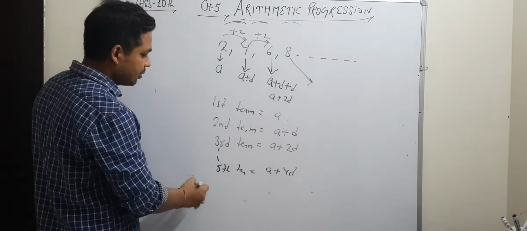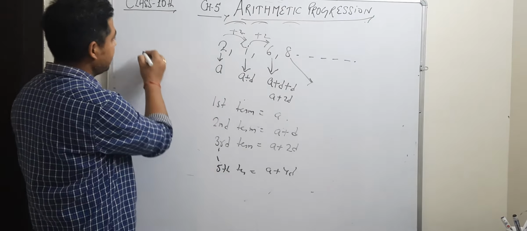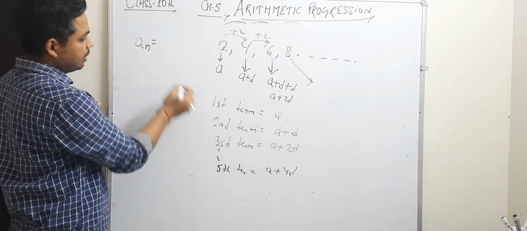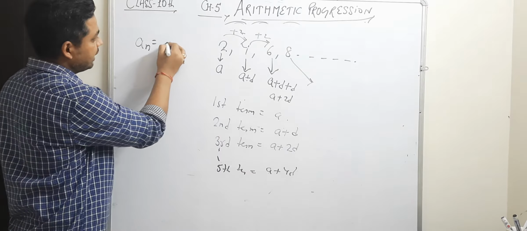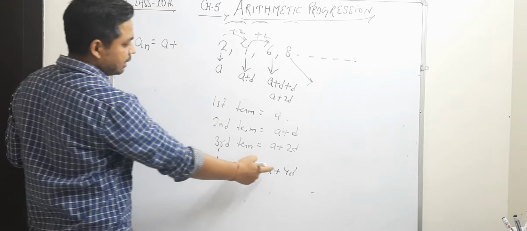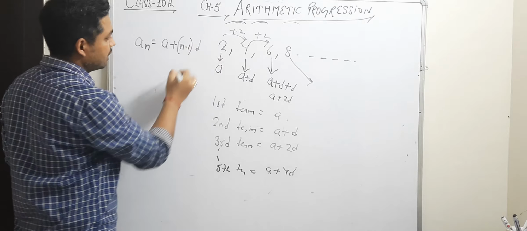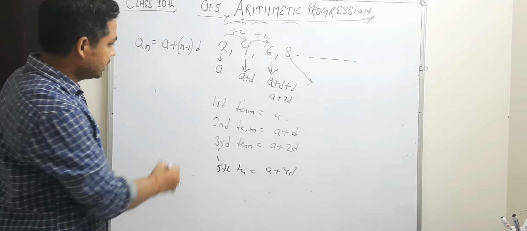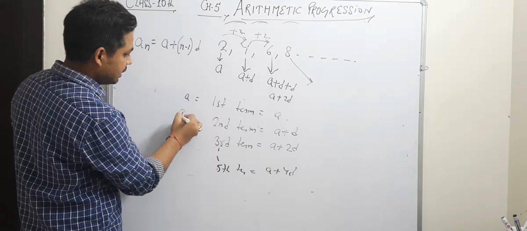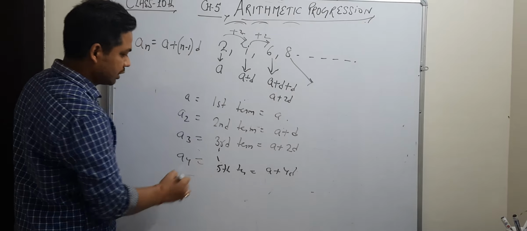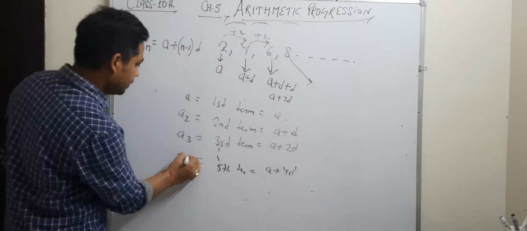So if I talk about the nth term, meaning an. In the first case we are getting A plus, in the next part we are getting n minus 1 into D, because n is 5. This is the first term, this is the second term, this is the third term, and this is the fourth term. This is the fifth term.